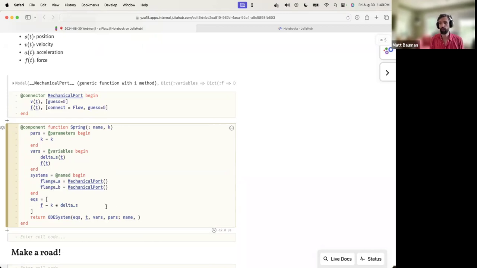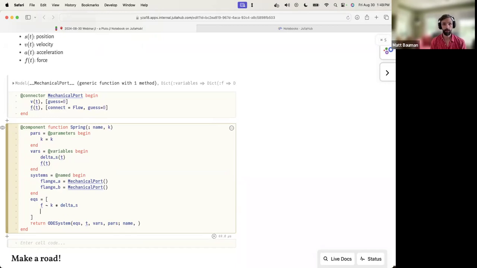And so what we want to define here is that the derivative of our displacement, the derivative of that delta S, is going to be equal to the difference in the velocities of our two flanges. So flange A dot velocity minus flange B dot velocity, right?